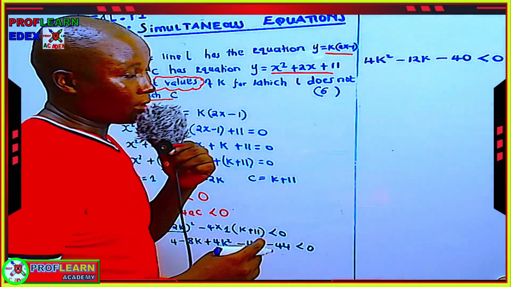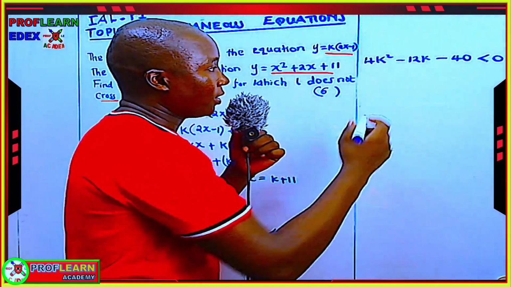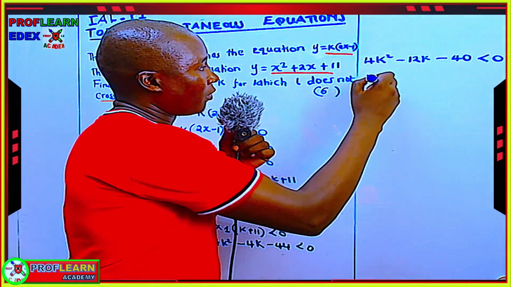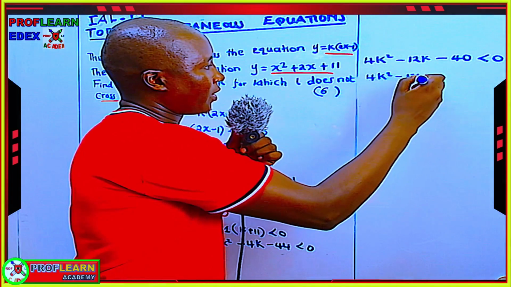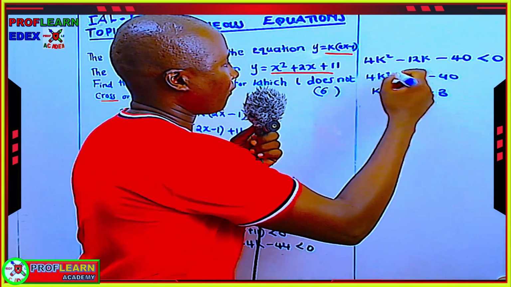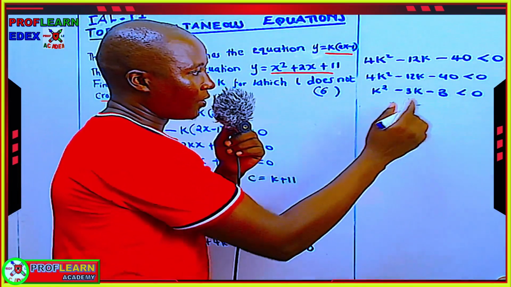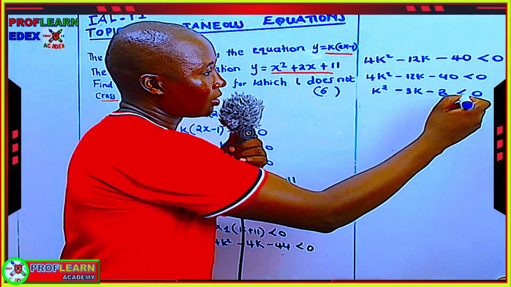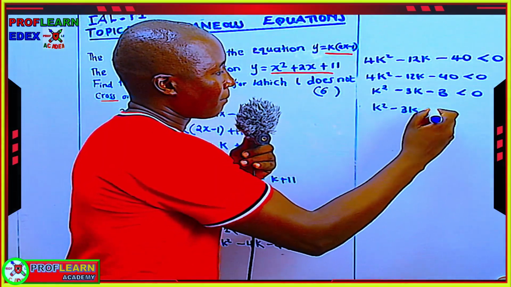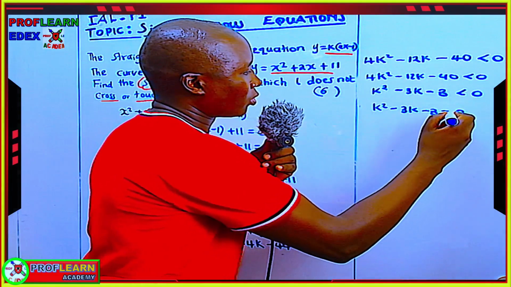Now this is a quadratic inequality. For you to solve a quadratic inequality, first you are going to treat this as an equal sign, so that you have 4k squared minus 12k minus 40 equals 0. If we divide all through by 4, it reduces to k squared minus 3k minus 8, which we treat as equal to 0.